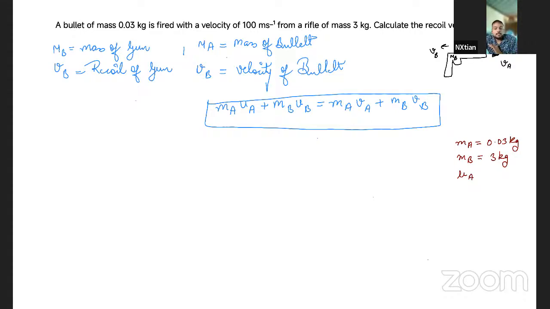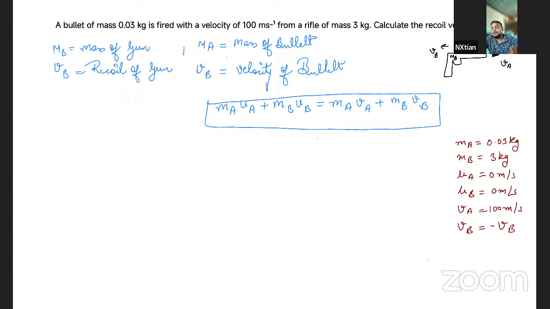Why 0? Because they are at a stationary position. So UA will become 0 meter per second. In the same way, UB will also become 0 meter per second. Now VA is the velocity of the bullet, which is 100 meter per second. And VB will become minus VB.